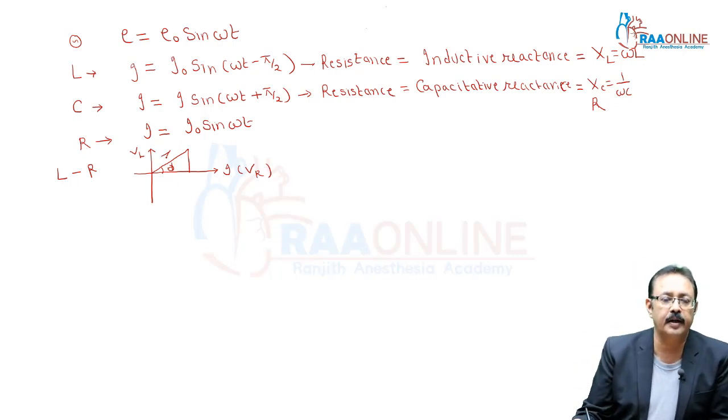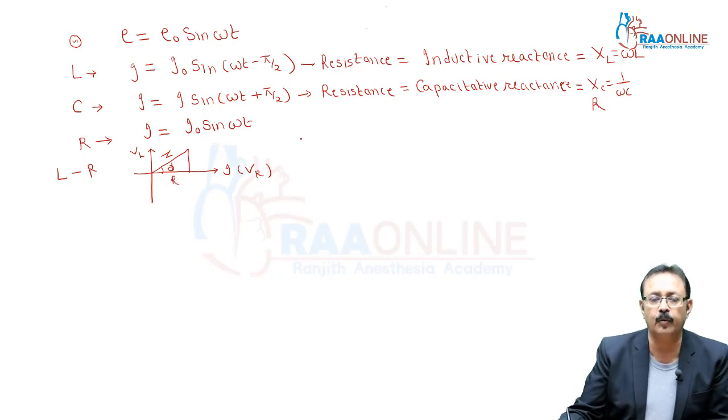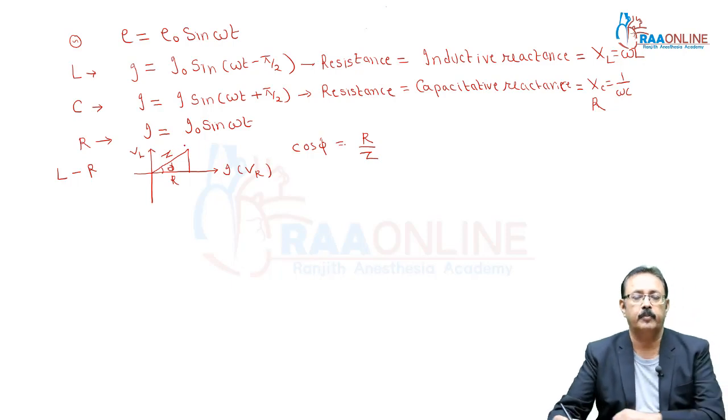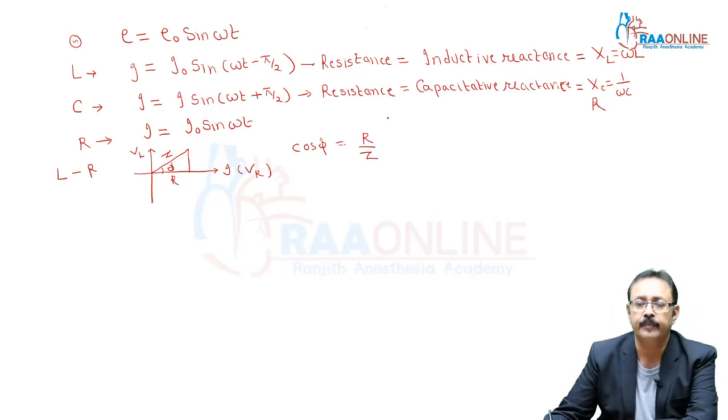And it is known as Z, it is R. You can calculate the phase difference by the formula cos phi is equal to R by Z. At this time, resistance is known as impedance. When we are using more than one component, resistance is represented by Z and known as impedance.